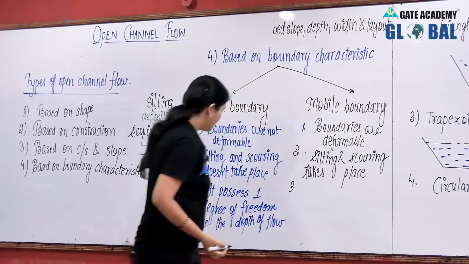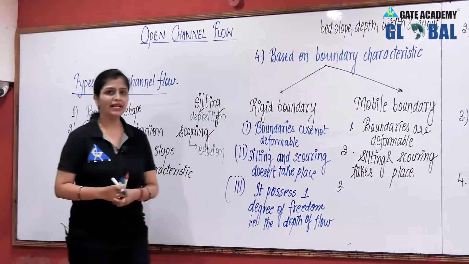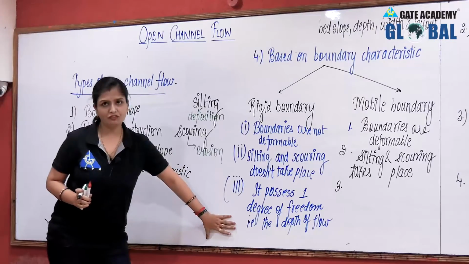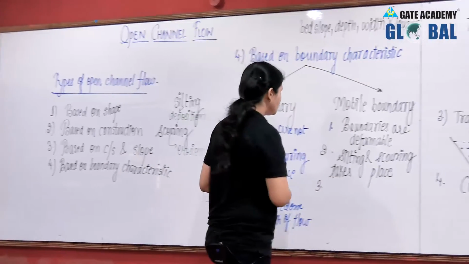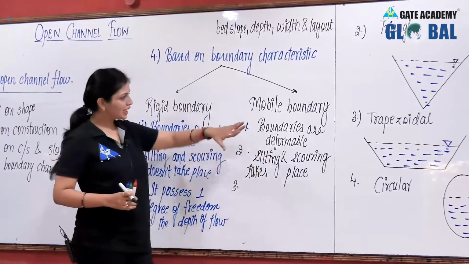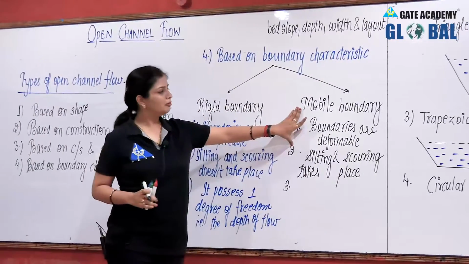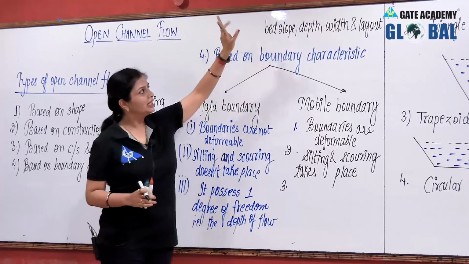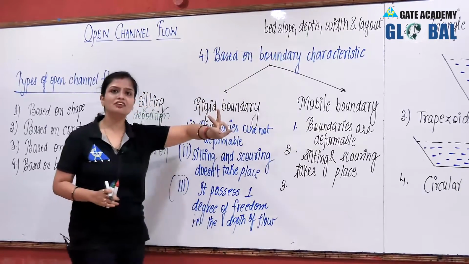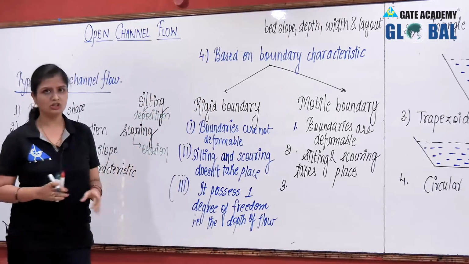Third one: there it is told that it possesses 1 degree of freedom, that is the depth of flow. While in the case of mobile boundary channel, as it has already been written that boundaries are deformable, the bed slope will vary, the depth will vary, the width will vary and the geometry will also vary.